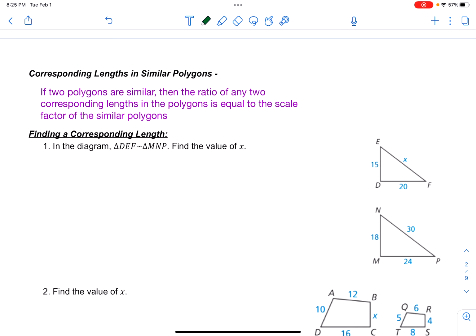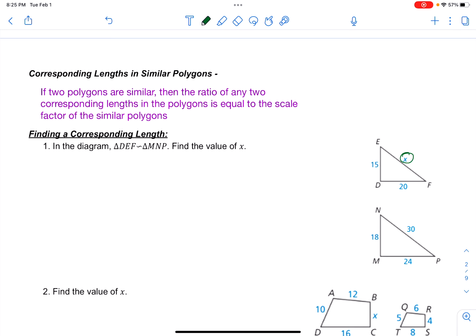I'm going to keep up with the concept of always put your second shape on top of your fraction for your ratio. It does not matter necessarily what side you pick, however, you need to include this similar side. You have to find X, so when setting up your ratios, you have to include that side.